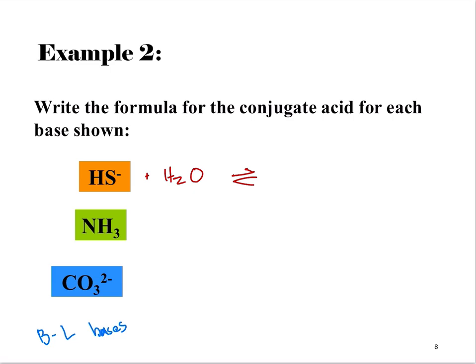It creates hydroxide. And according to the Bronsted-Lowry definition it creates its conjugate acid, which means it's going to take a proton from the water molecule. And so we get H2S, right?